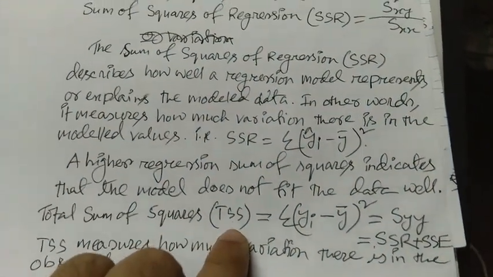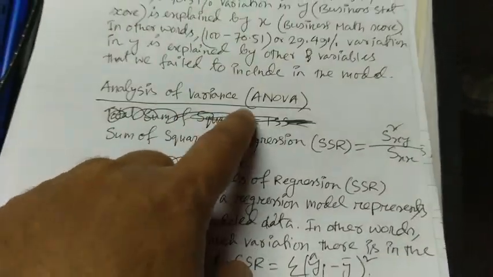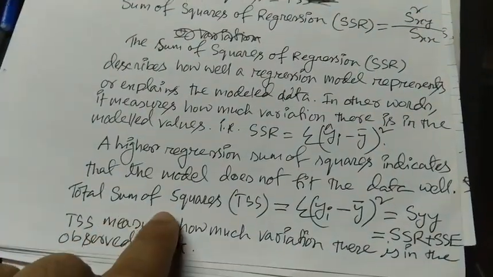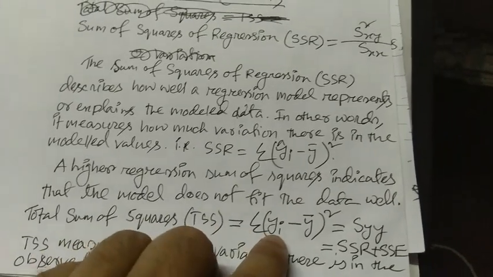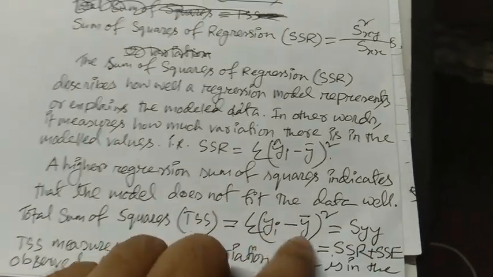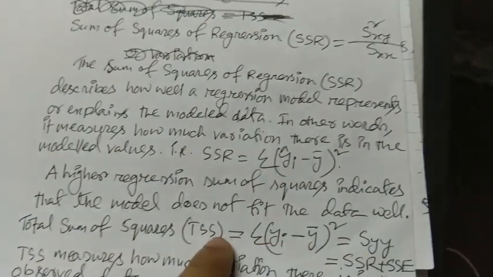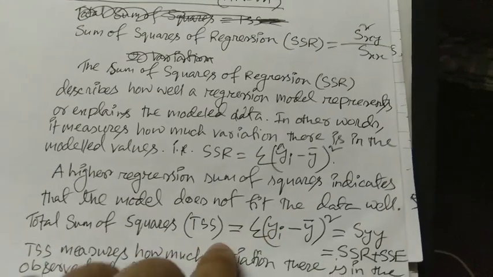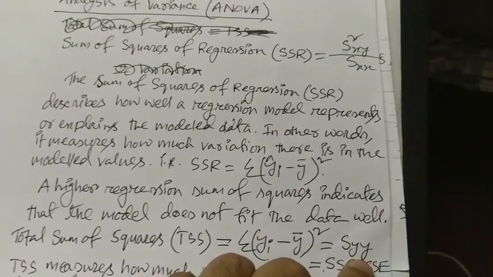Total sum of squares. This is another component of the ANOVA table. So total sum of squares, in short we call it TSS. It can be calculated by this formula, but the short formula for TSS is SYY. We have already calculated SYY before.